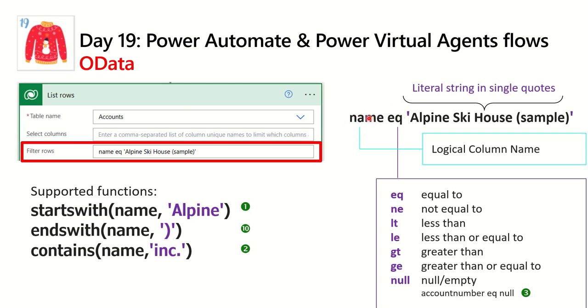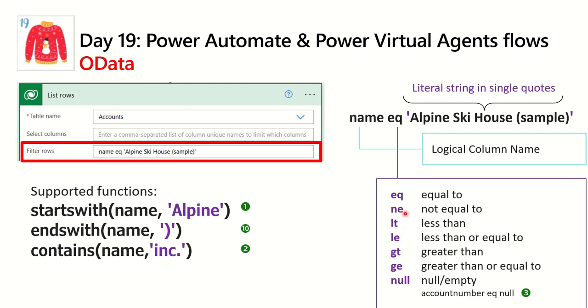So you start with the logical name and then you move into an operator. In this case, we have eq, and I read that as equal, because that's what it means. eq means equal to. ne means not equal to. lt means less than. le, I bet you can guess, means less than or equal to.